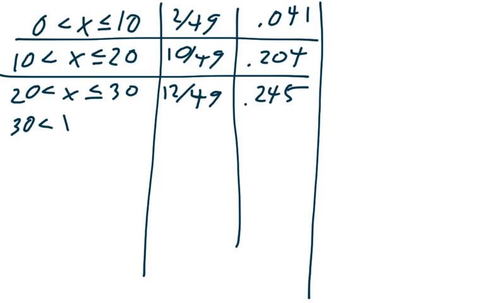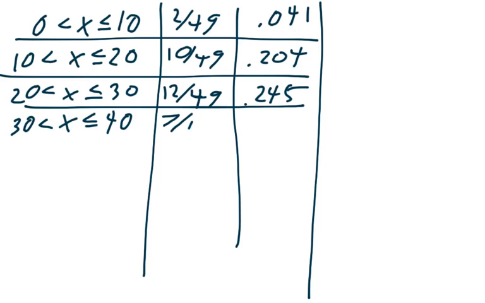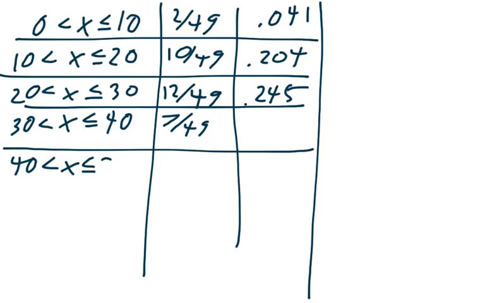From 30 to 40, I'm just going to do 7 out of 49. I'll get the percentages in a minute. I'm just going to go through and count them so that I don't have to keep going back to my table. From 40 to 50 we got 6 out of 49.